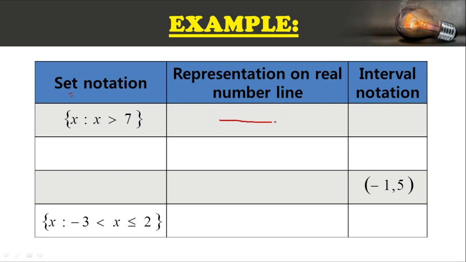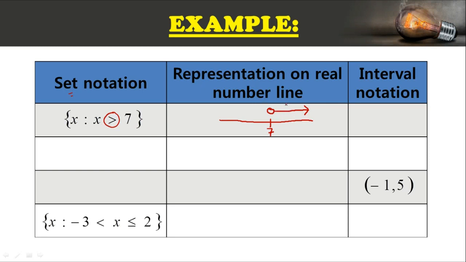So write the number line. Okay, since we have only 7, so here is 7. So the sign is greater than. That means we have an empty circle here. And then dia punya sign greater than. So bila greater than, our arrow to the right. Okay, arrow to the right, check.